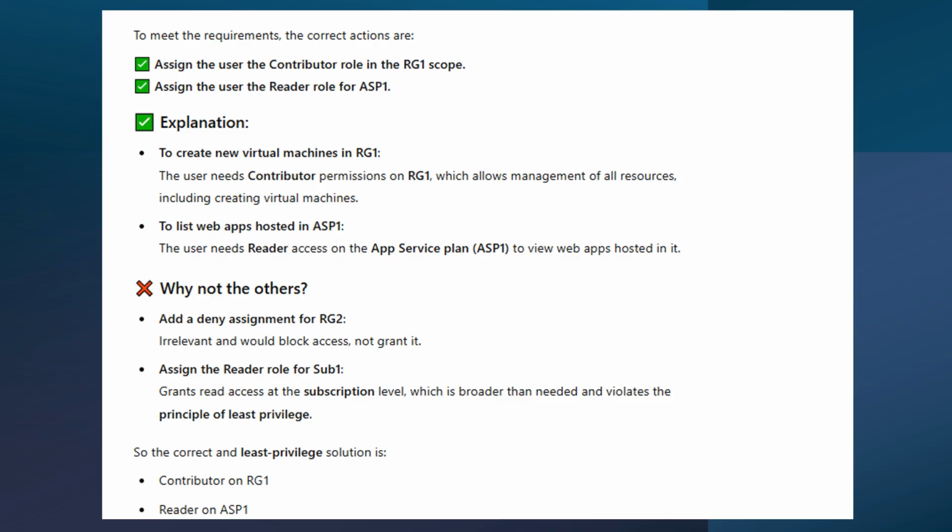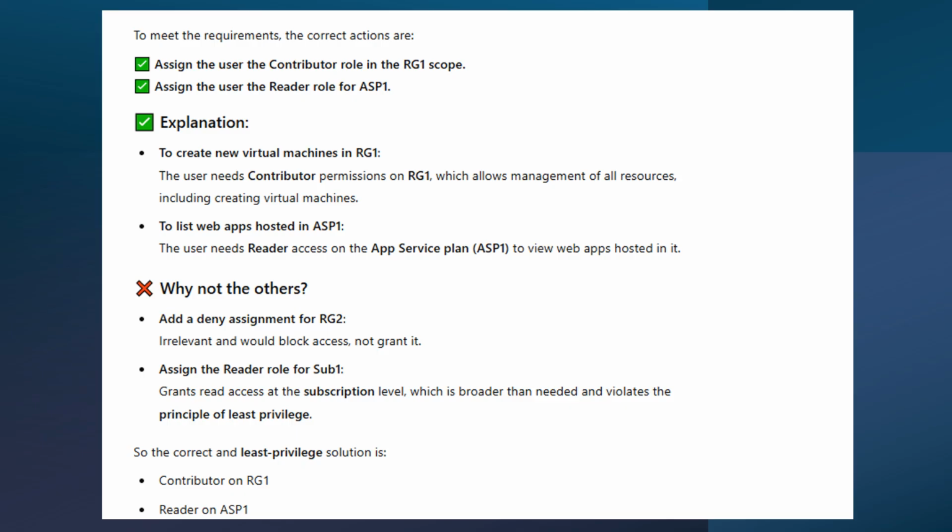To create new virtual machines in RG1, the user needs contributor permissions on RG1, which allows management of all resources, including creating virtual machines. To list web apps hosted in ASP1, the user needs reader access on the App Service Plan ASP1 to view web apps hosted in it.